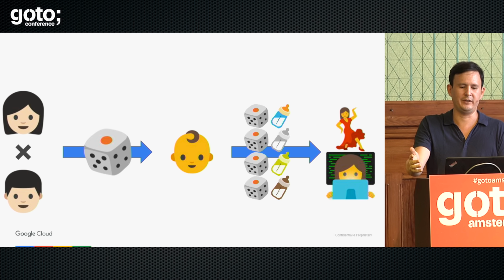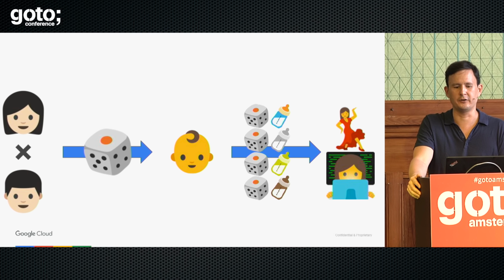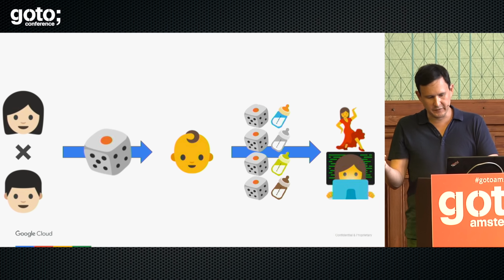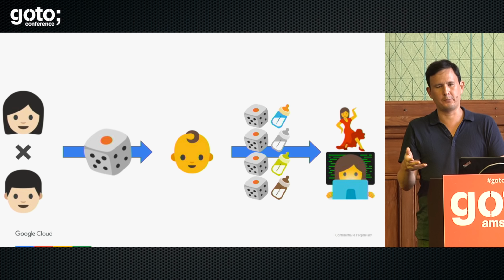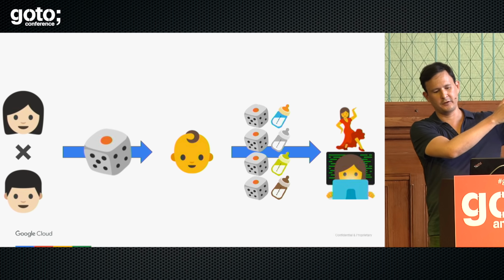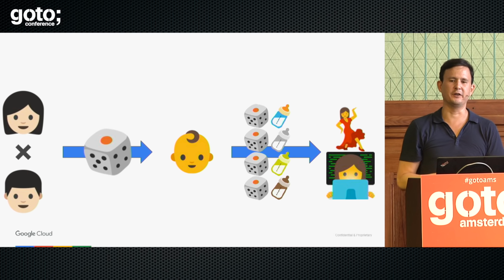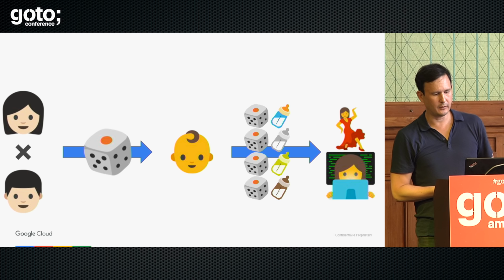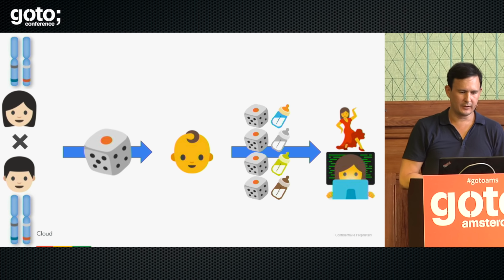Or you eat some food that makes your eye color lighter, or you get exposed to different languages and have different phenotypes related to that. So there's a whole bunch of environmental variables that go into producing the downstream phenotype that's observed for a given individual, given organism, on top of the genotype.